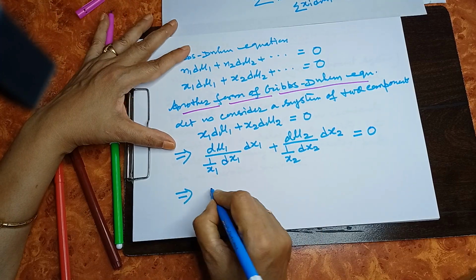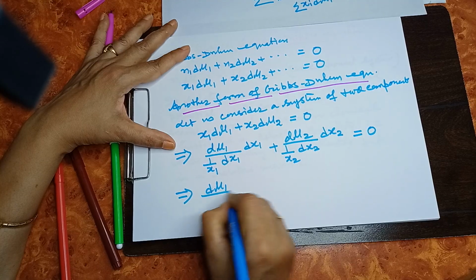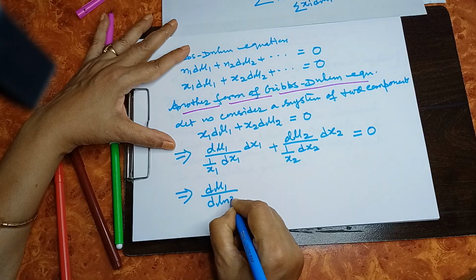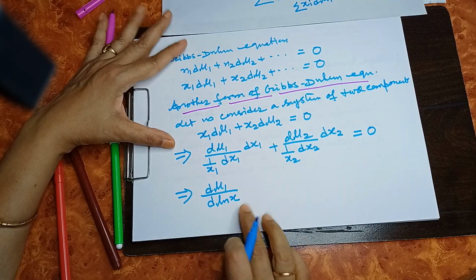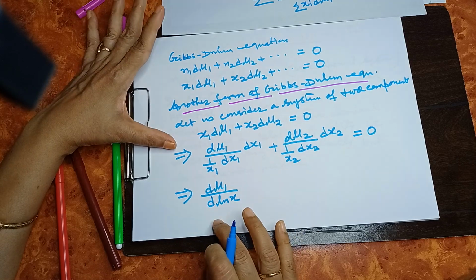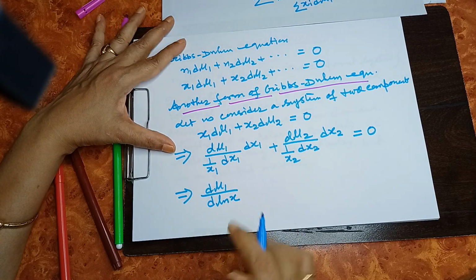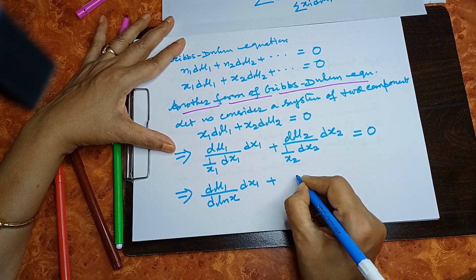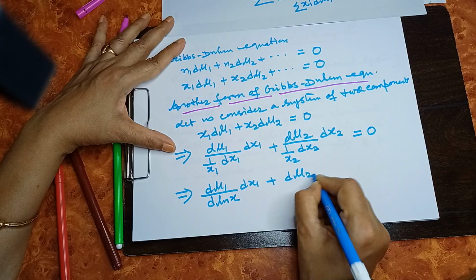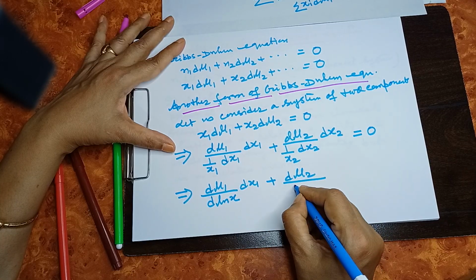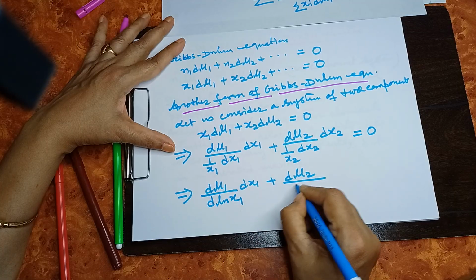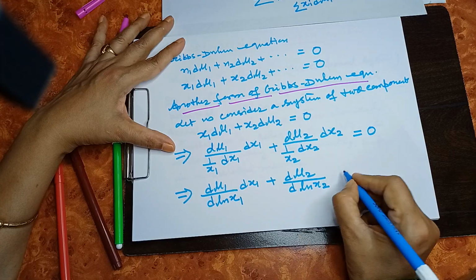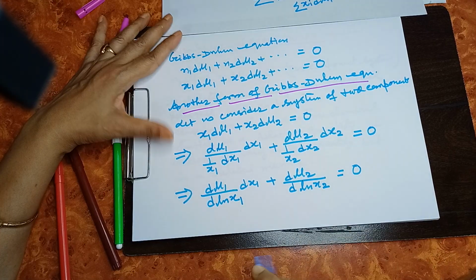So here I can write d mu 1, this is d ln x1 dx1 plus d mu 2 by d ln x2 dx2 is equal to 0. Understood? The derivative of ln x or log x is 1 by x.